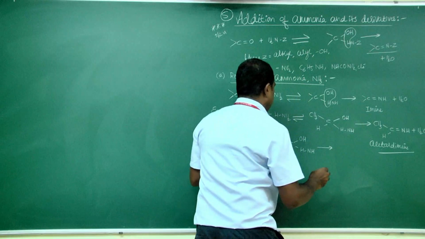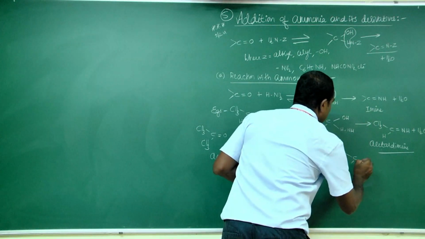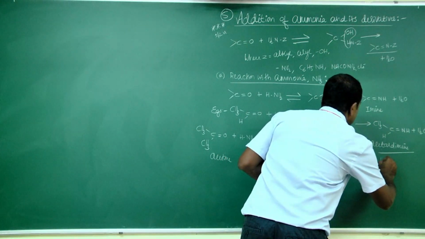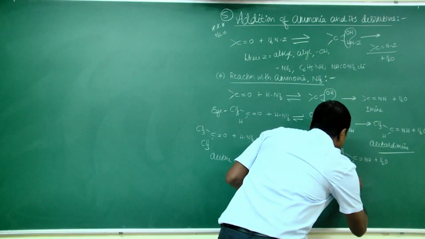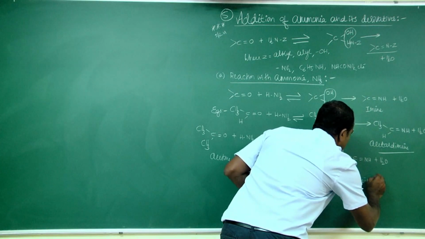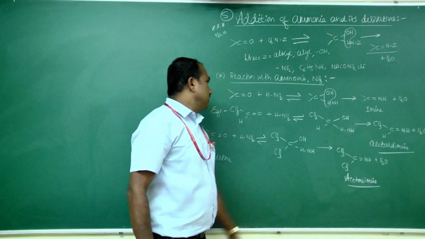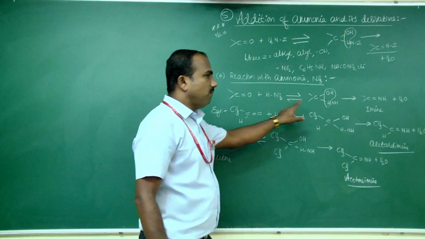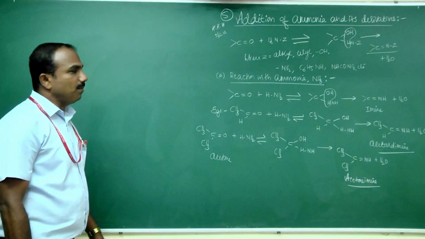Finally, dehydration takes place to give CH3 C CH3 double bond NH plus H2O. The product formed is called acetone imine. So aldehydes and ketones react with ammonia to form imine. So this is the first reaction, that is reaction with ammonia.